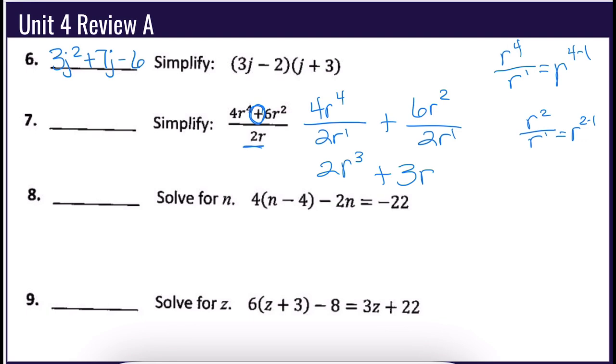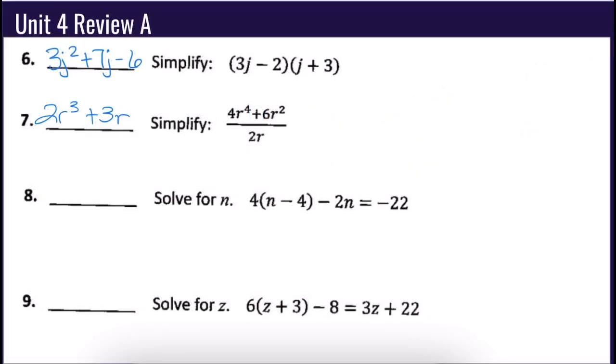Because remember, we've always got that invisible 1 as an exponent if there's nothing written there. So that's how we're getting to our r to the 3rd and our r. To get our coefficients, we're just doing 4 divided by 2 and 6 divided by 2. So that leaves us with 2r to the third plus 3r.